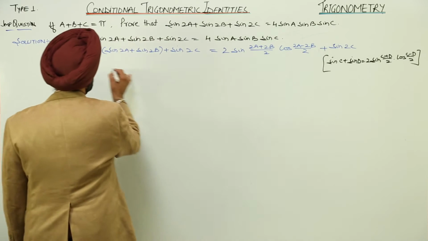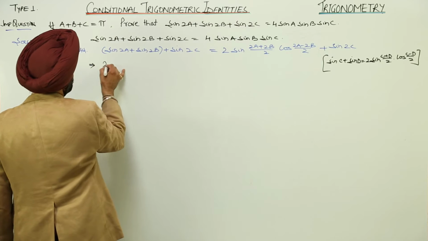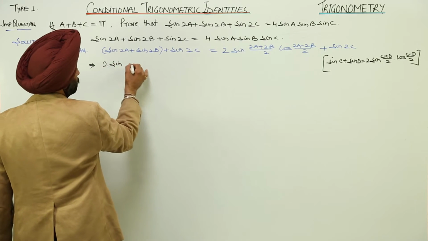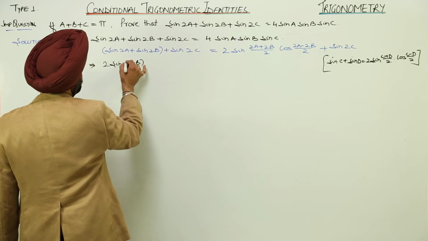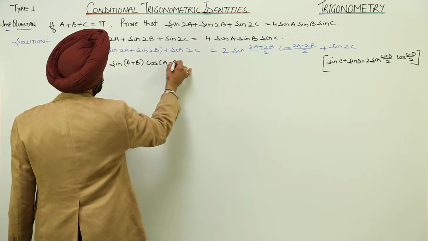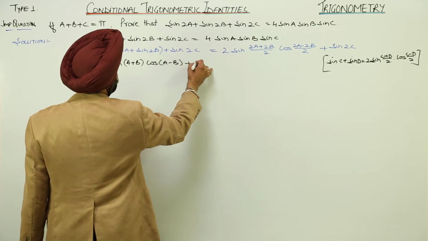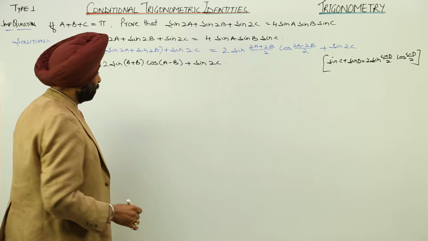Now this part becomes 2 sin (A plus B) cos (A minus B) plus sin 2C. Okay.